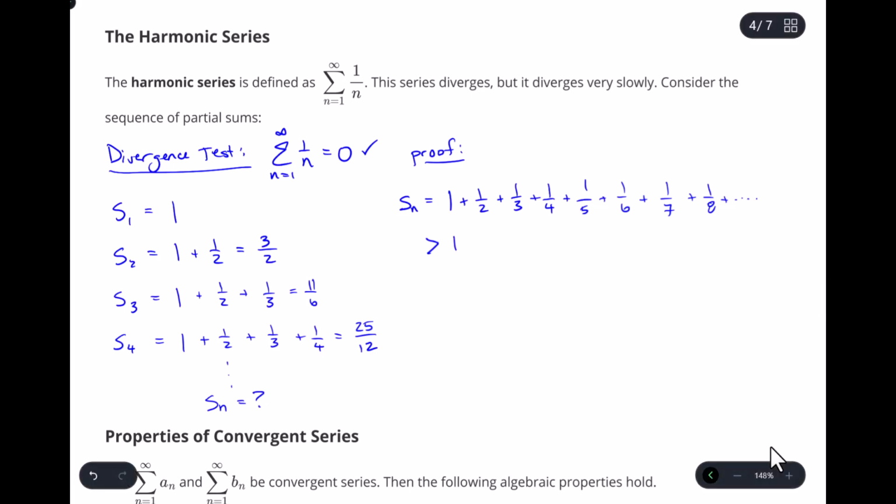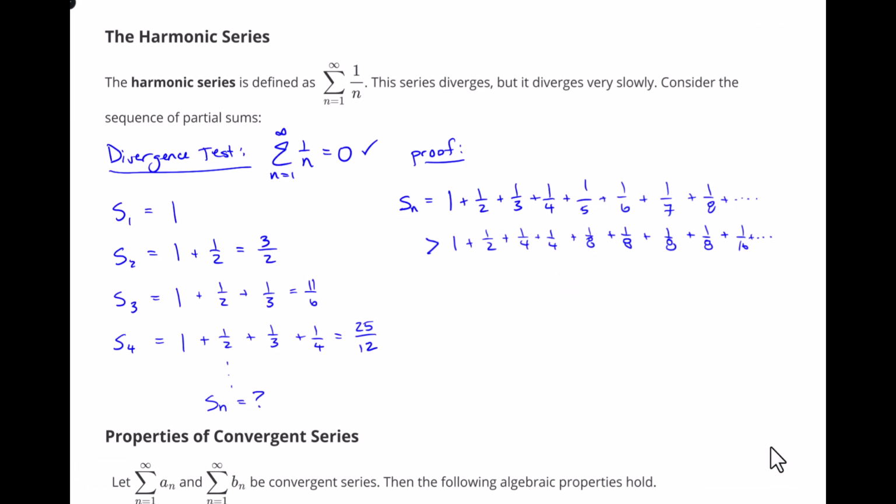So it would be 1 plus a half plus a fourth plus a fourth plus an eighth plus an eighth plus an eighth plus an eighth plus a 16th, and then so forth. All right, so he did a subseries like this. So the 1 and 1/2 just match up perfectly, but these two values became a subseries matching up with 1/4 and 1/4.